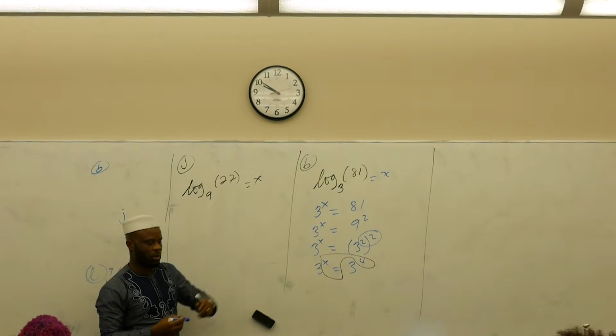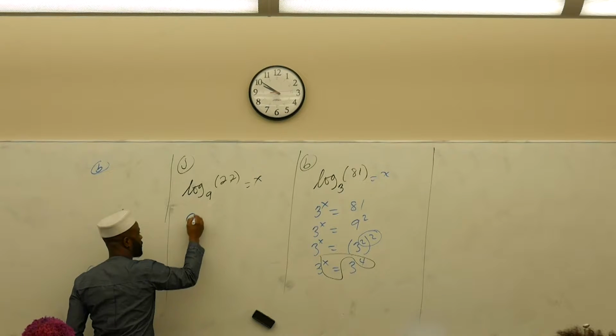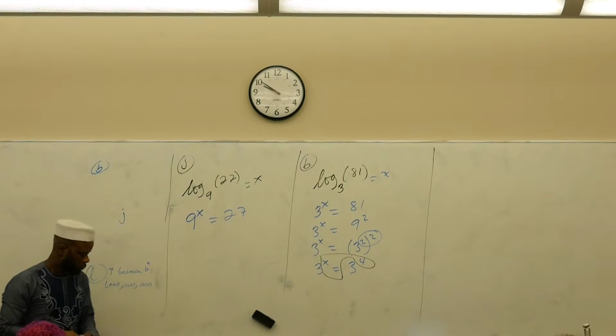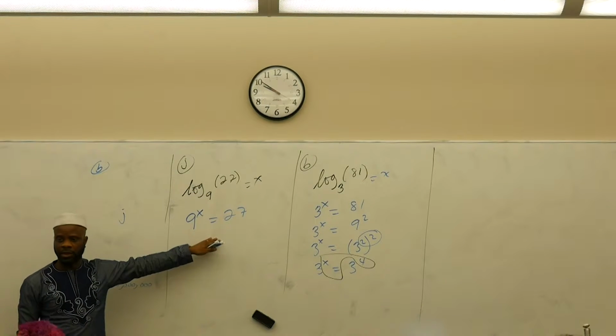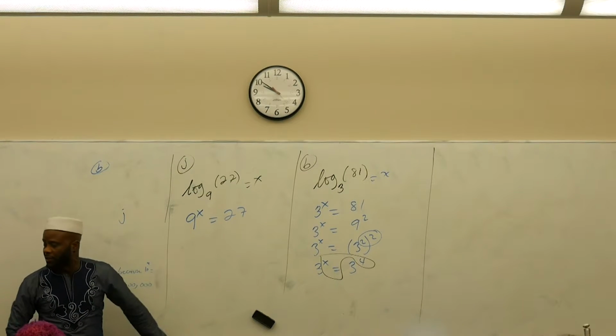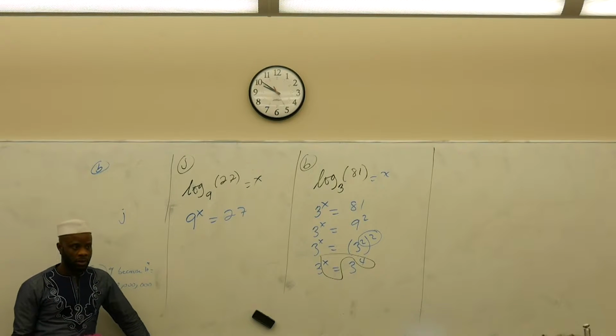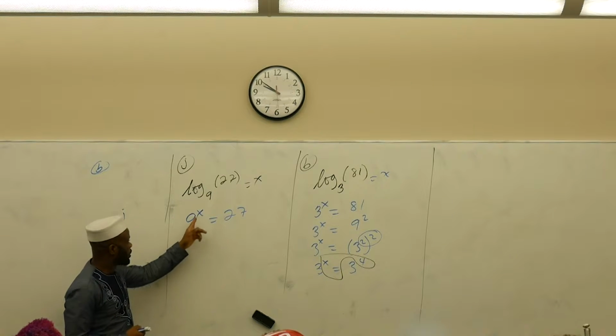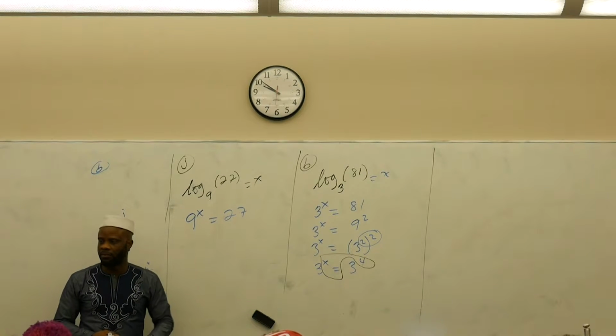So let's assume we don't know that, which we don't for now, right? Remember everything we've been doing here? So the question is, what power of 9 gives 27? We can't right away say, well, let's compare exponents, because the bases are not the same.